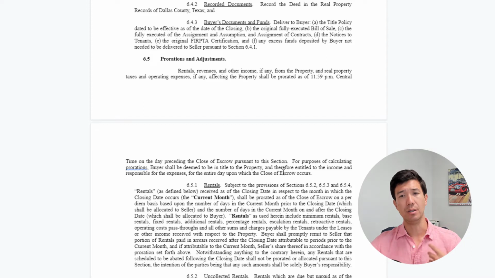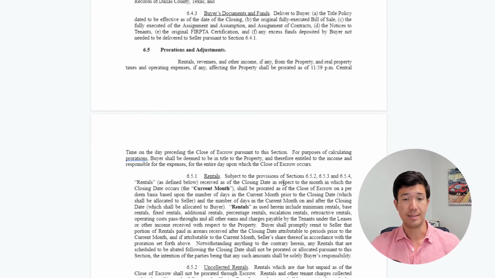However, in industrial, you have much fewer tenants and they're writing big checks. And so let's say you have a building with 4 tenants at $25K each month. If one of those guys has a dispute or he's late for whatever reason and you close on the 3rd, he may not pay, and you really want to make sure that you get that money prorated or you get it back, or you have some understanding of what the proration should be post-closing for buyer obligation to remit those funds for the prorated time.